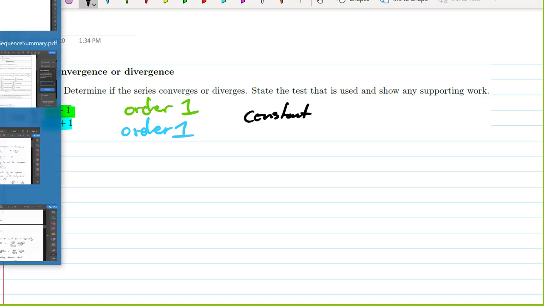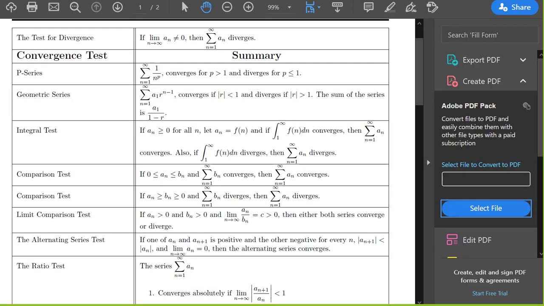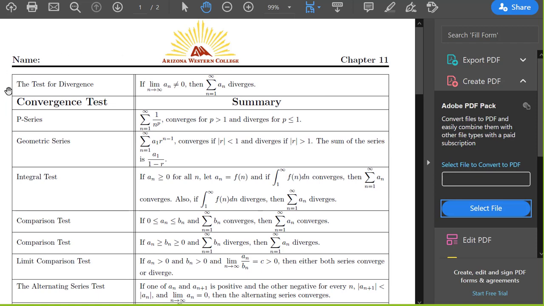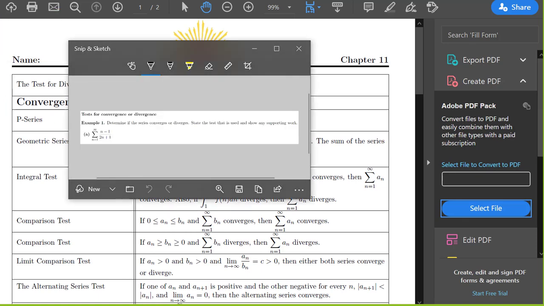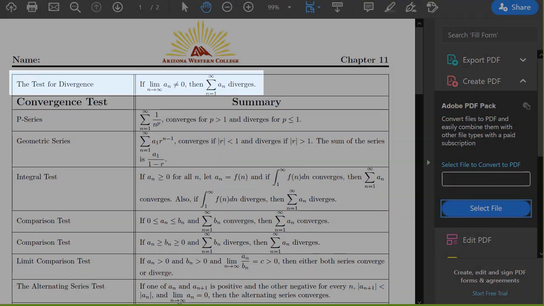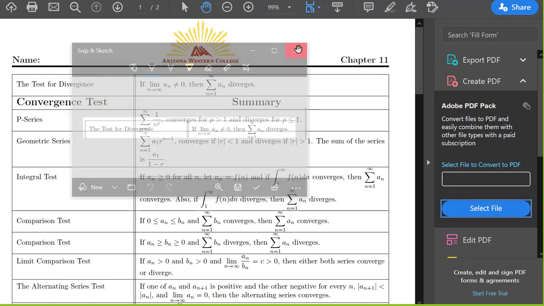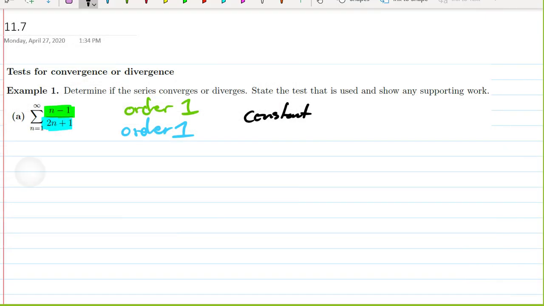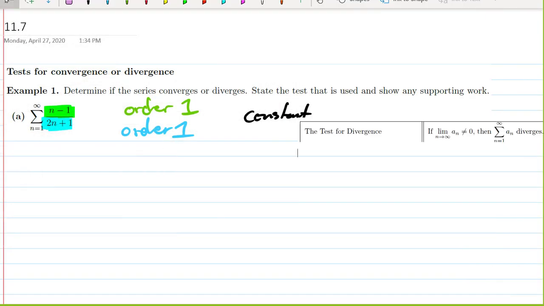So if we look at our list of tests, one of the best ones, especially if we think something is going to diverge, is to try the test for divergence. So remember, this test does not tell us if a series converges ever, but it can tell us when they diverge.